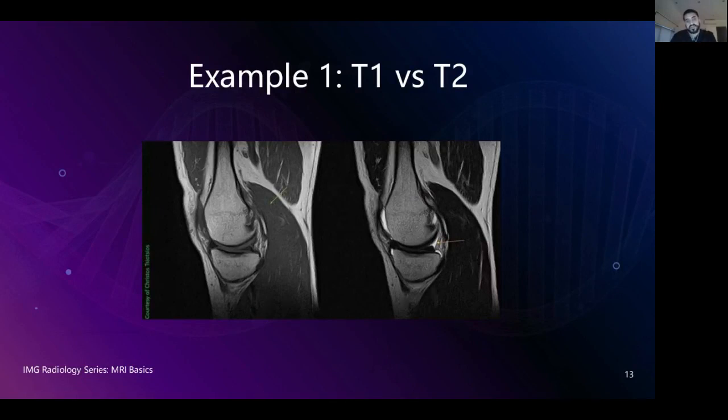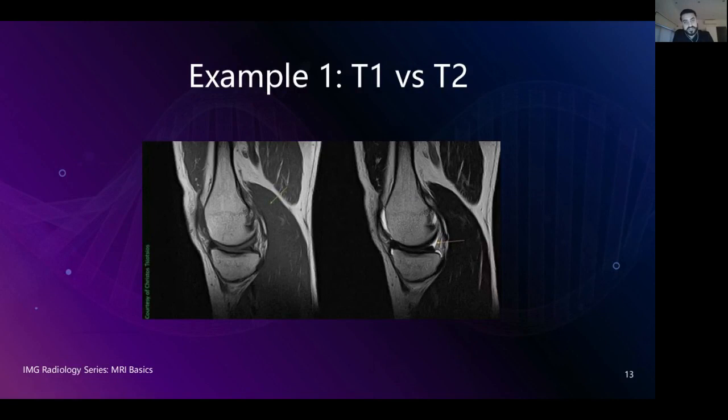So we've got an example here just to show something different rather than the brain, but we're looking at the knee. As I said, MRI scans can be used to image a lot of different types of body tissue, including musculoskeletal imaging. We tend to do an ultrasound first and then progress to an MRI if need be. But MRI is quite commonly used when it comes to knee problems or even shoulder and joint problems.